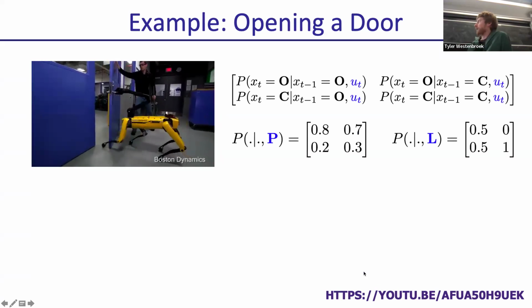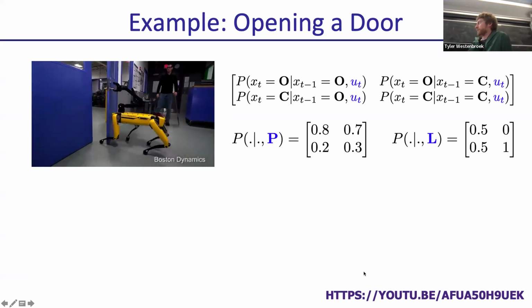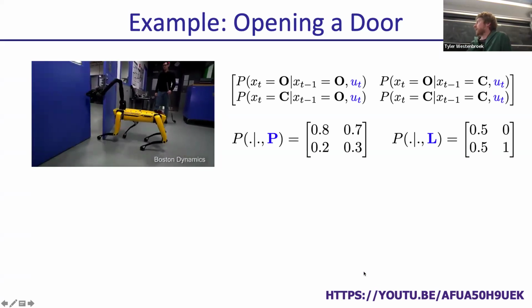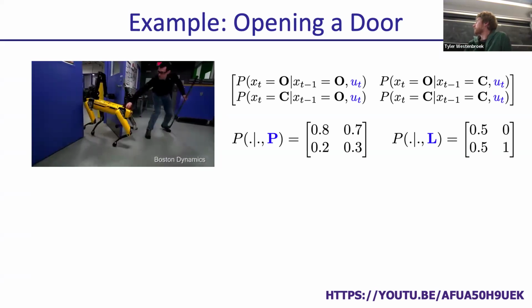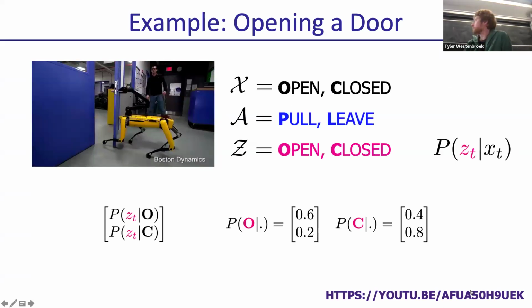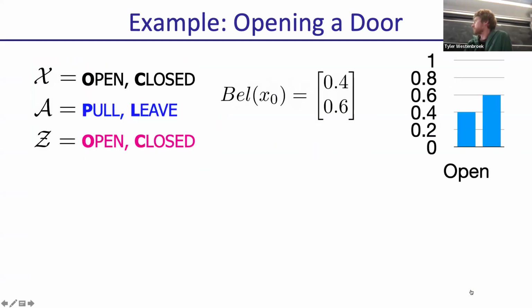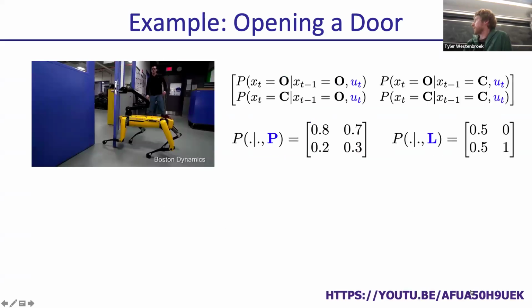So I'm writing out a matrix here with a probability distribution. On the left here is the probability of states I'll see in the world, given that I try to pull it.